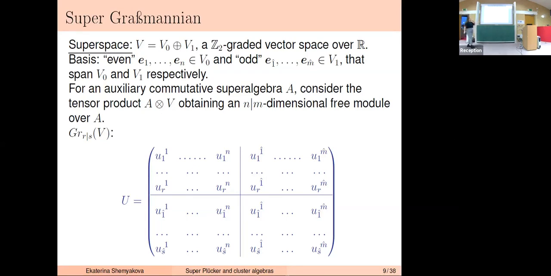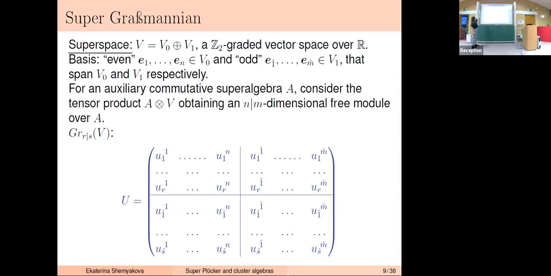We usually don't consider mixed parity, because any problem in supergeometry can be split as a direct sum of two problems, one for even and one for odd. So you don't consider non-homogeneous objects.